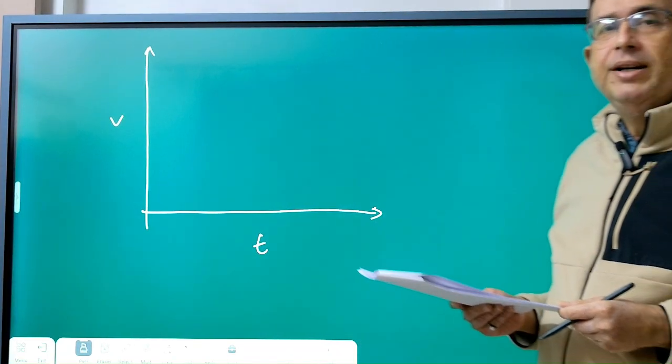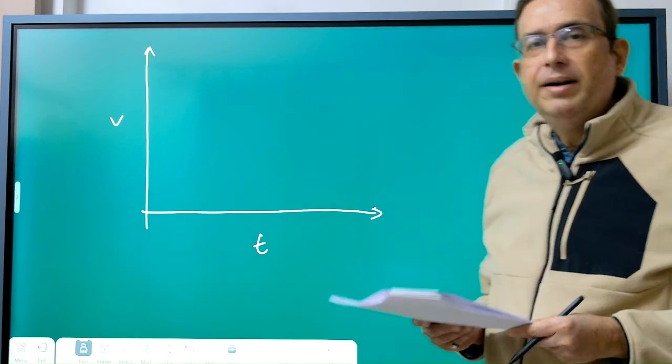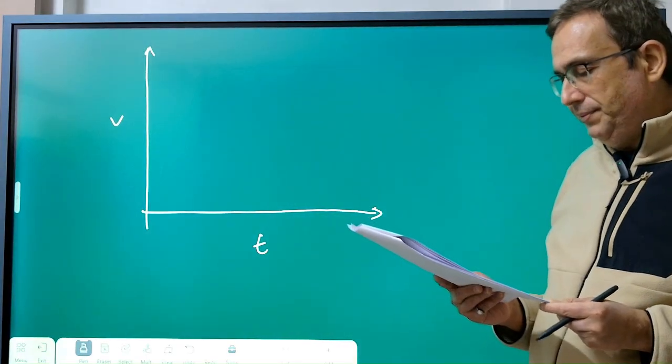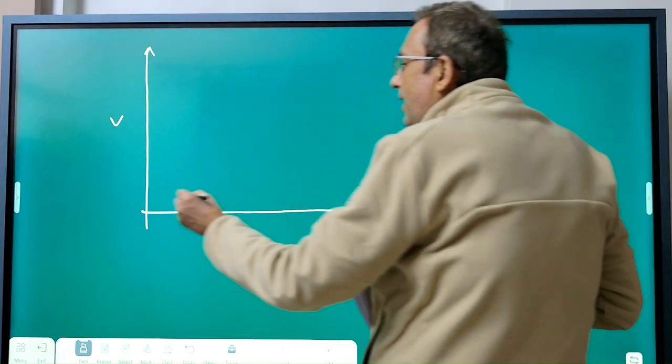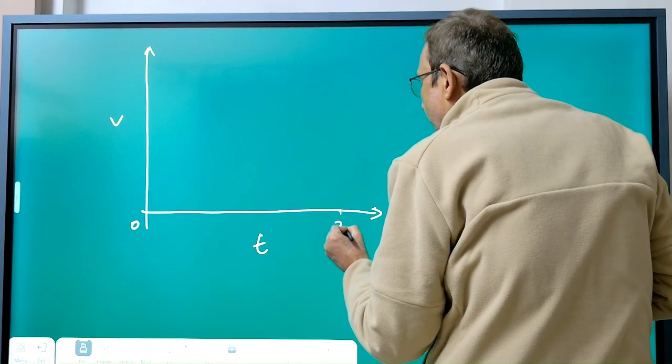So it is of an object that is moving in a straight line, but it can be accelerated motion, but in our case it is going to be uniformly accelerated motion. So the time it has taken for the whole motion is from 0 to 2 seconds.